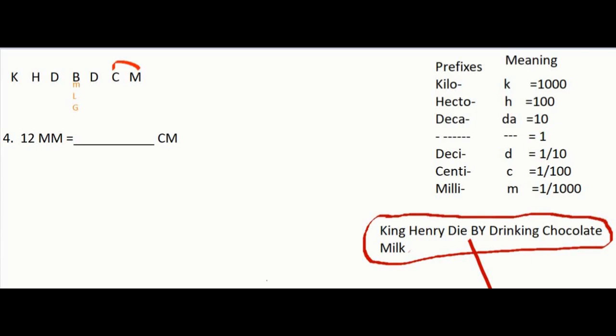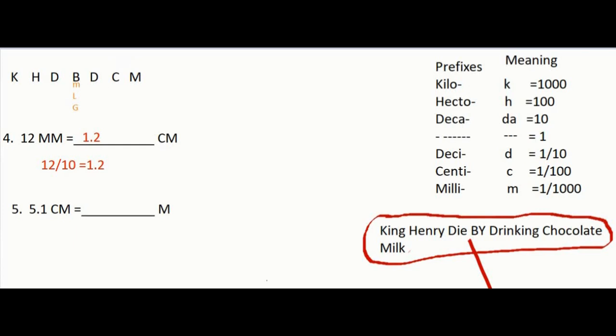So we are going to divide by 10 because it's just one movement. So when we divide 12 by 10, we get 1.2. Therefore, our answer is 1.2. So this is our answer.